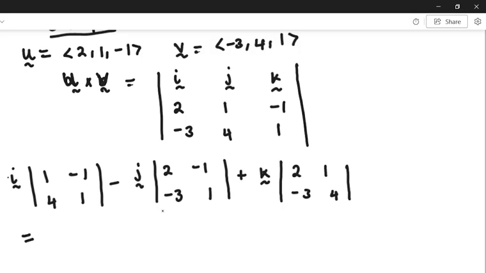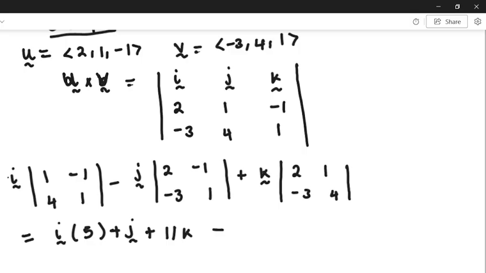Using the diagonal, we have I into 1 minus 4, which is 5, minus J into 2 minus 3, which is negative 1, and this one is negative, so it becomes plus J, and then here we have 8 minus, so it becomes 11K.